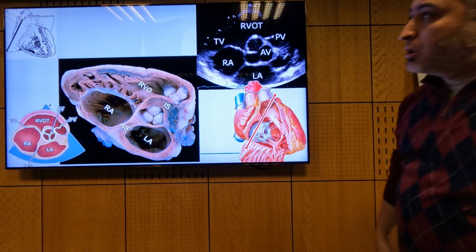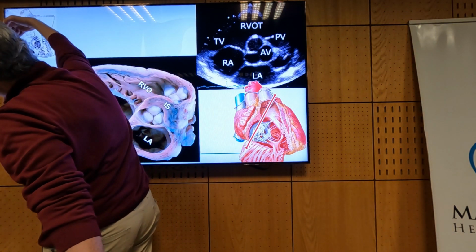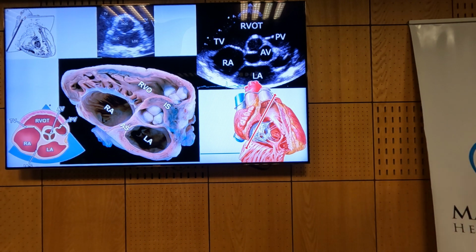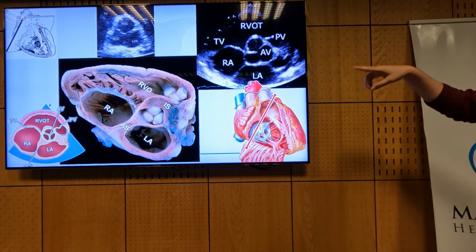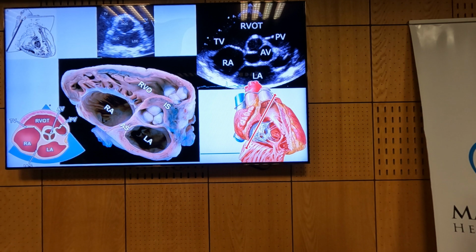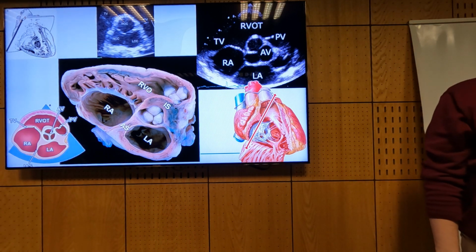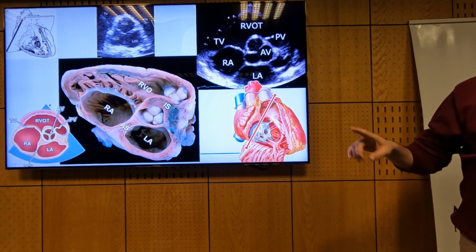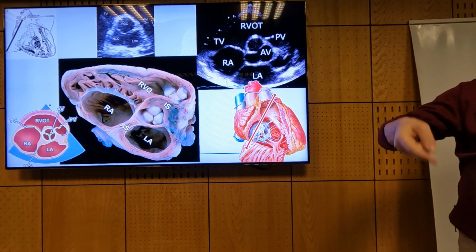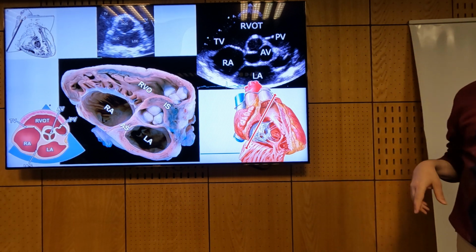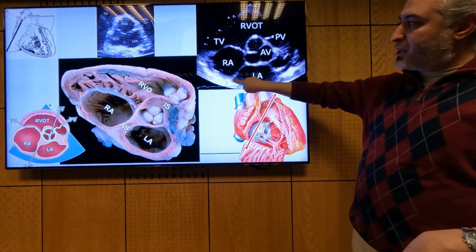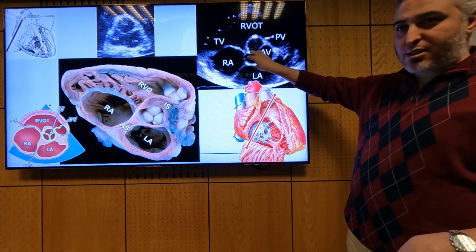So let's try to go lower from base towards apex. Before doing that, how would you call the cusps of the aortic valve? So right coronary, left coronary, and non-coronary. Because you have to appreciate that in transthoracic and transesophageal echo, you look from different directions. So wherever you look from, the cusp that is related to the interatrial septum is the non-coronary cusp.